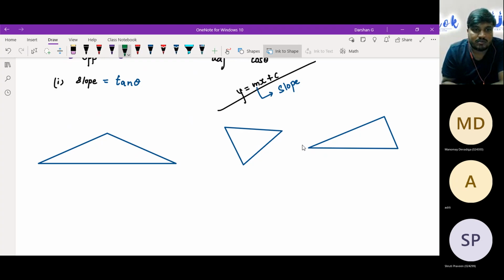I'll name the angles for everything. These are the angles that I am trying to look at. This theta, this I'm calling alpha, this I'm calling beta. I'll name the vertices A, B, C, then P, Q, R, and X, Y, Z.